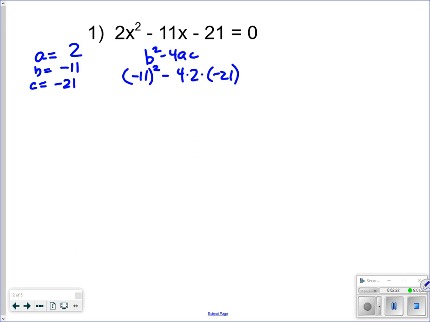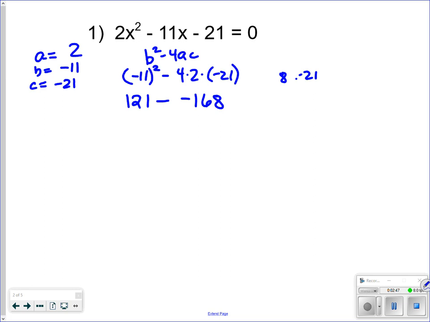Good, 121, and then negative times negative is still positive, positive 121, minus 4 times 2, 8, 8 times negative 21 is negative 168.